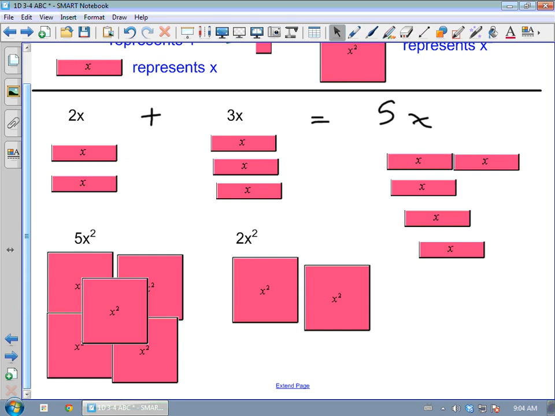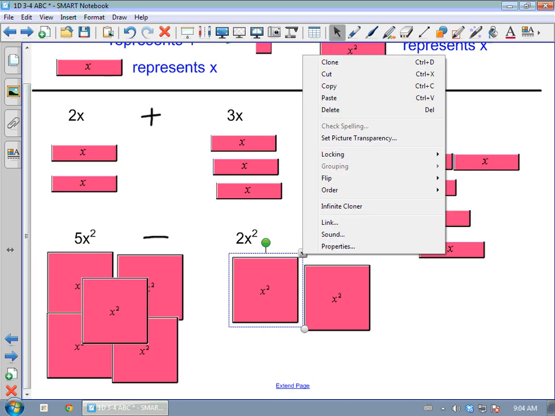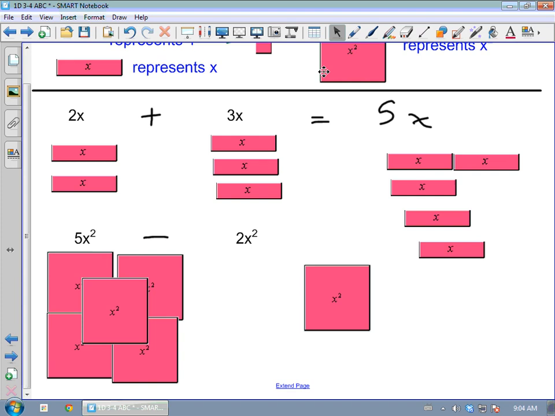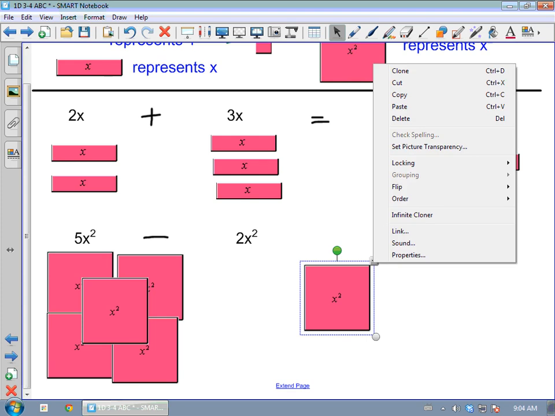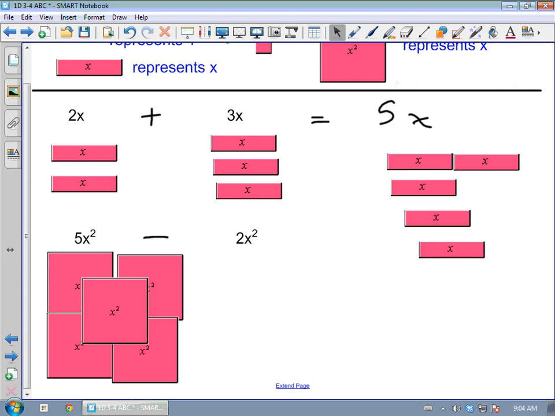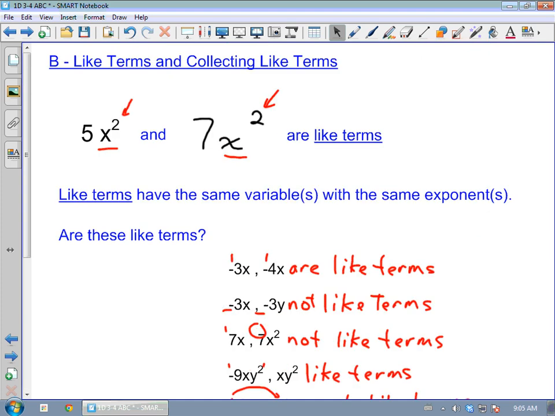Now, if I were to subtract these two, we're doing subtraction now. So imagine I've got 5x squareds, and I take away 2x squareds. I'm going to take away 2 of them.